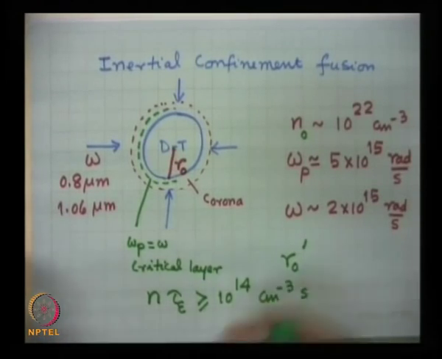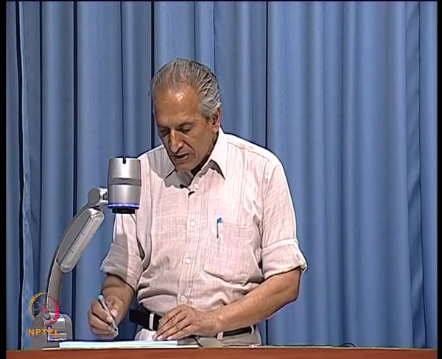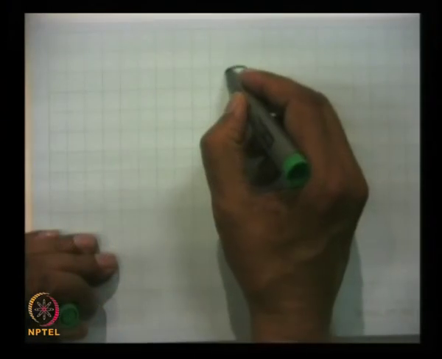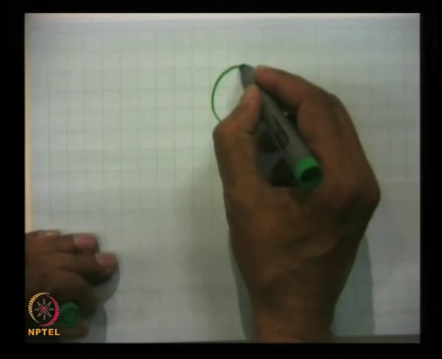And the typical confinement time you can estimate by considering the process to be an ambipolar diffusion process or ambipolar expansion. Let me explain what ambipolar expansion is. Suppose I have a core of deuterium tritium heated.